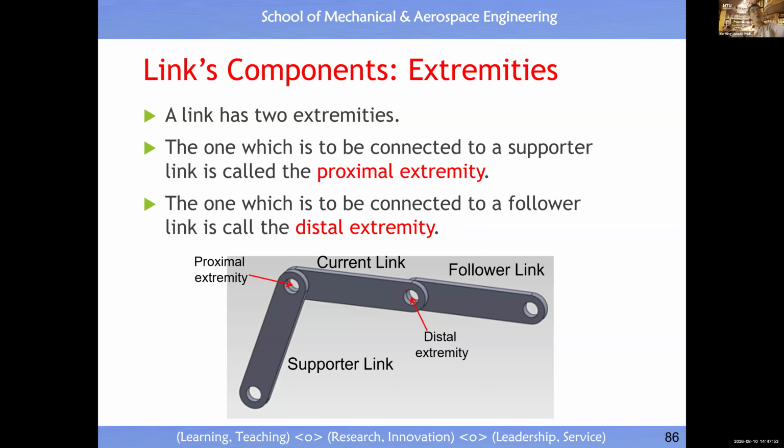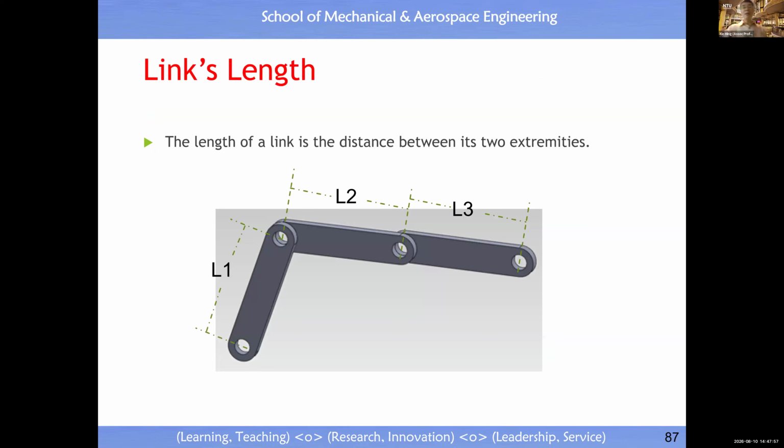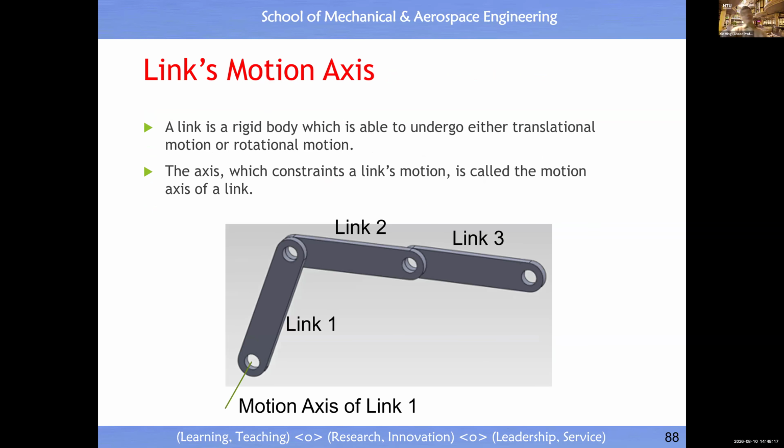You must follow convention; you cannot blindly assign. The convention in robotics is to assign it at the distal extremity, so the coordinate system at the distal extremity represents the position and orientation of the link. This is a convention adopted in robotics you must follow.